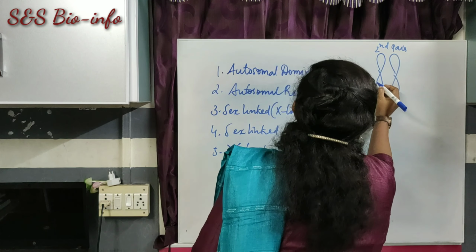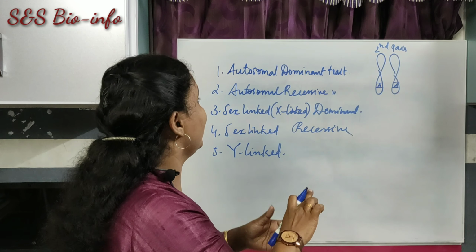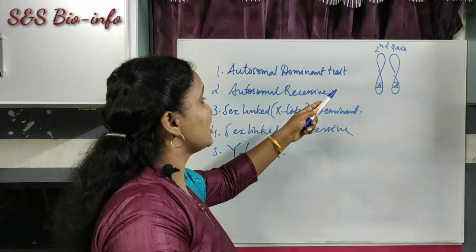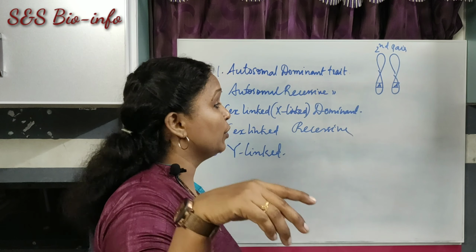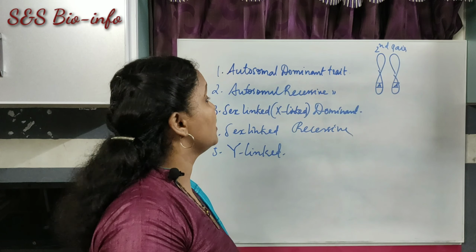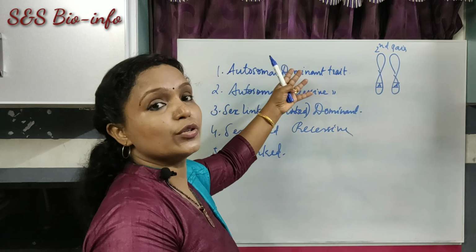Suppose A, let us give a letter for this, 2 dominant alleles. So this represents the pair of homozygous dominant alleles. Those alleles are responsible for autosomal dominant trait. That means if there is a mutation in these particular genes, it causes autosomal dominant trait in that particular person. So that is autosomal dominant trait.